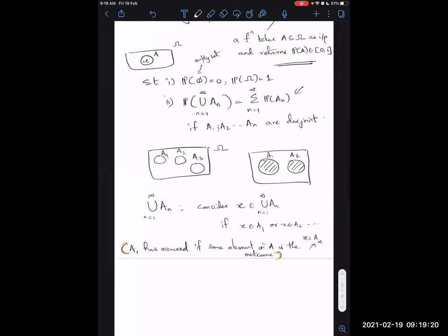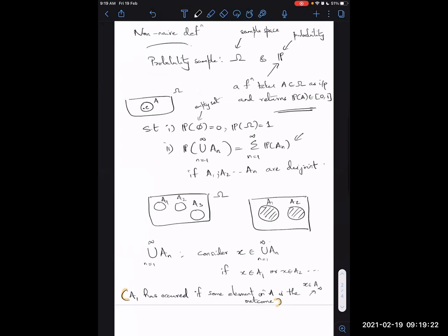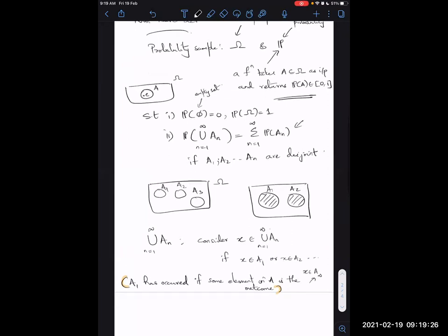All right. So before returning to non-naive definitions of probability, let's see a very important problem that many of you may have come across. This problem is known as the birthday problem. What is this problem?